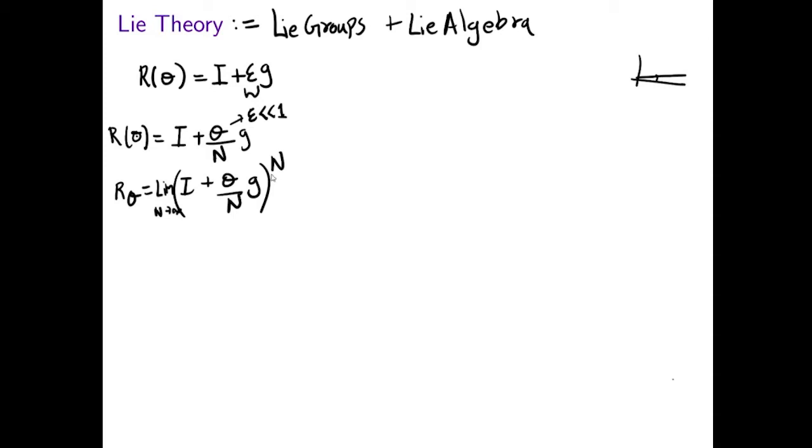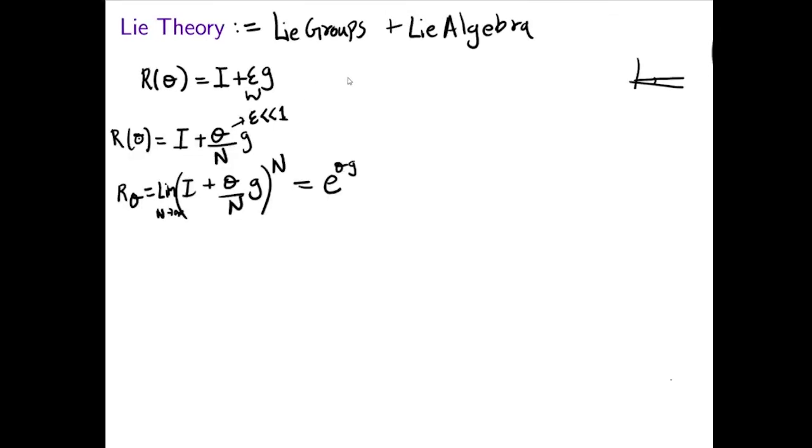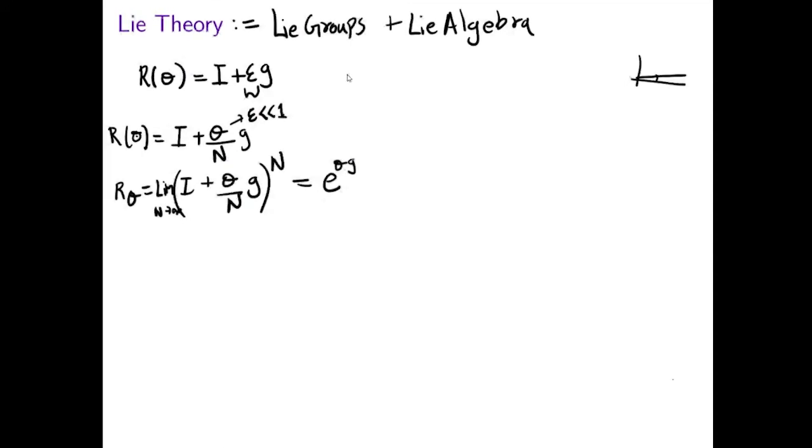So I'm just going to try to understand what this building block is, and essentially this is, if you look closely, just the exponential, or alternatively it's written as theta g. Okay, I heard some noise, please mute yourselves. Thank you. So essentially this g is what you call a generator.